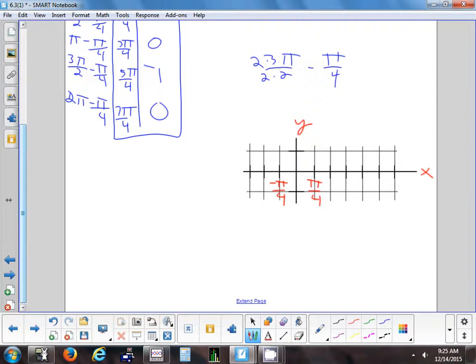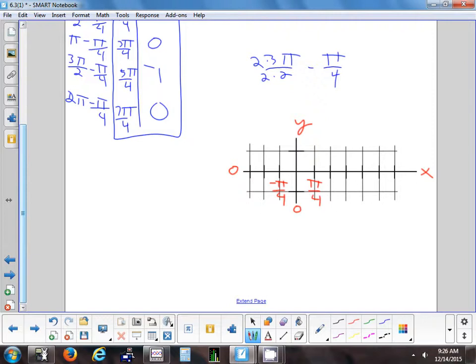Where does 3 pi over 4 go? Would it go right here? No. In between them? Yeah. Remember, this one is 0. Well, not exactly, because it would be somewhere between.